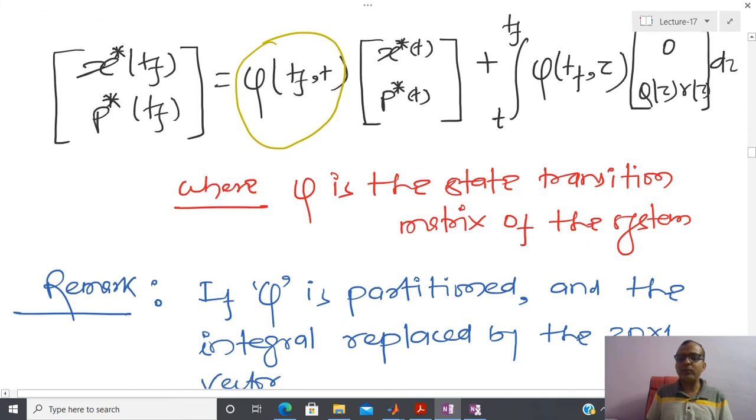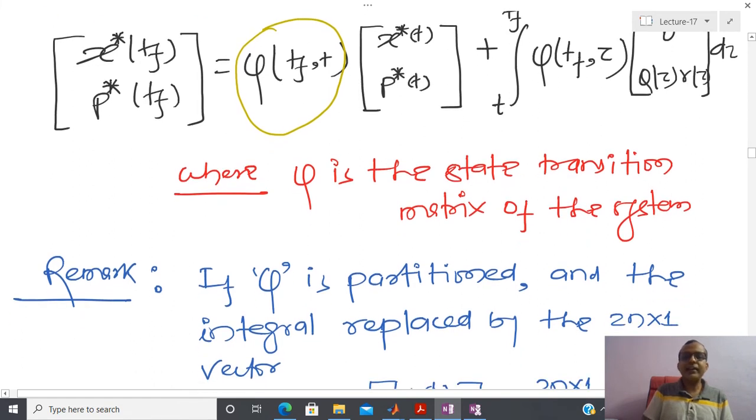After that, you can see that x_t and p_t have some kind of partition. The partition I am assuming is phi 11, phi 12, phi 21, and phi 22.